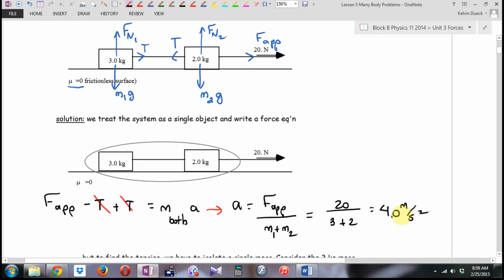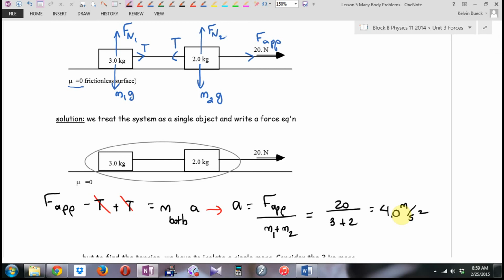We're only half done. What else did they ask me to find in this question? They said find the acceleration and tension. So here's going to be our strategy. If they give me more than one mass, I'll treat it like one big uber mass.